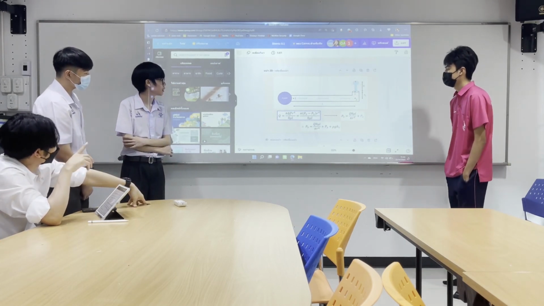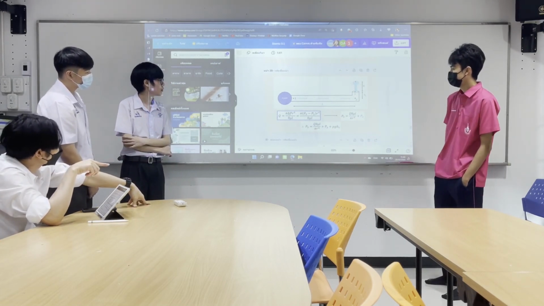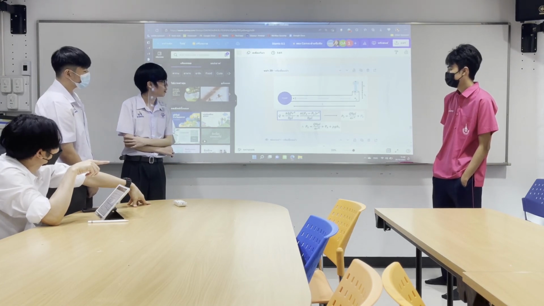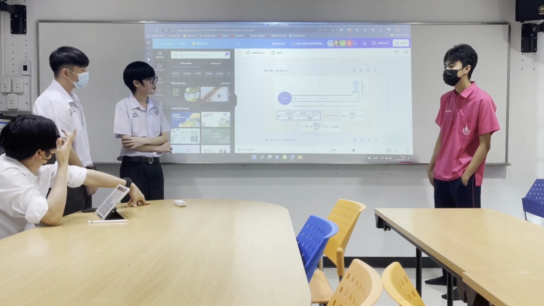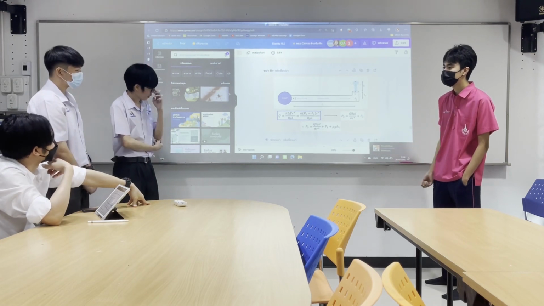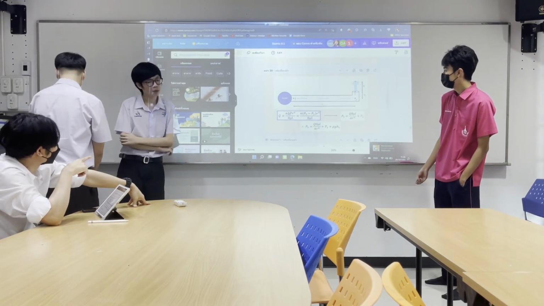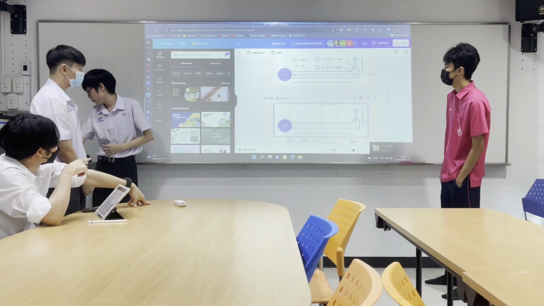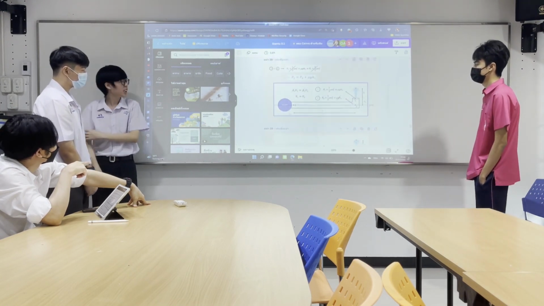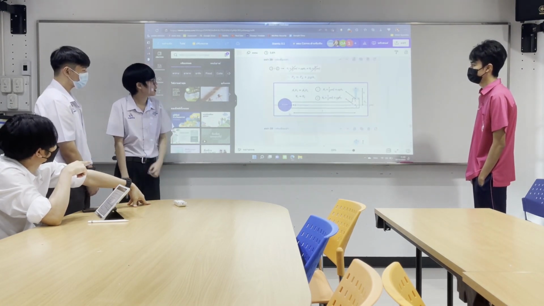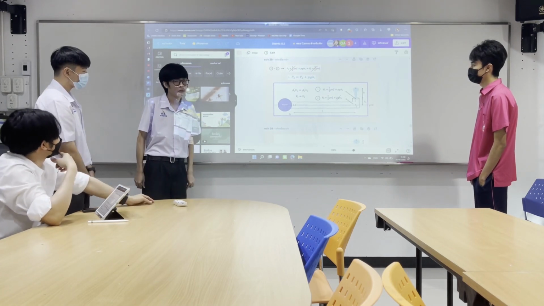Yes. So each point has the same equation, but different values. For example, P1, how can you measure it? To see by the level. Verbally, yes. I get it verbally as well.